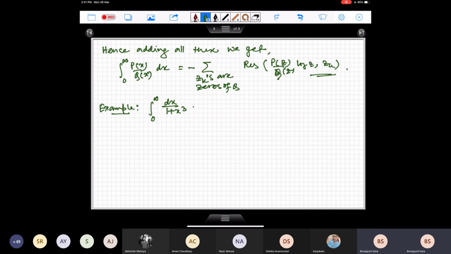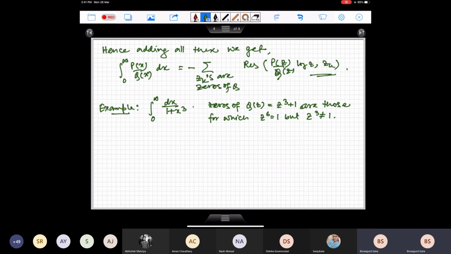Here, let's first of all list down all the zeros of Q(z), which is z cubed plus 1. So what are the zeros? They are those for which z to the power 6 is equal to 1, but z cubed is not equal to 1, because here I get z cubed equal to minus 1.